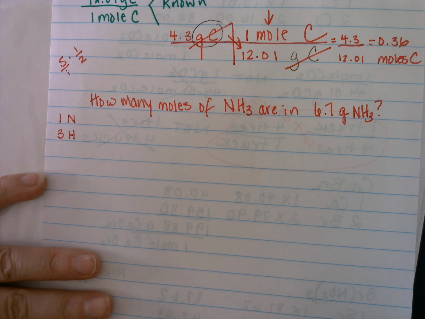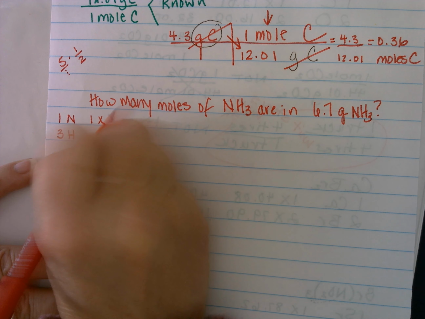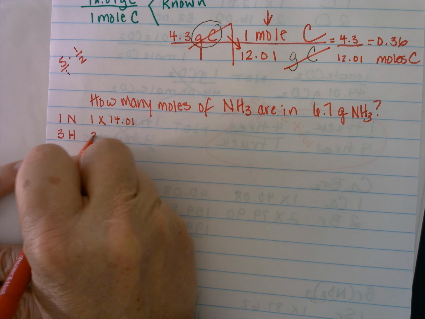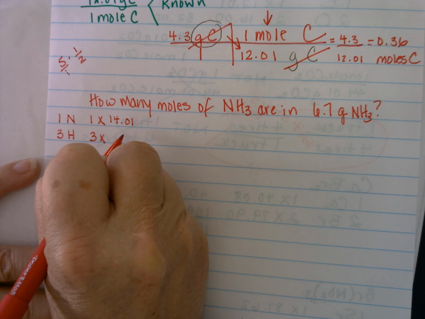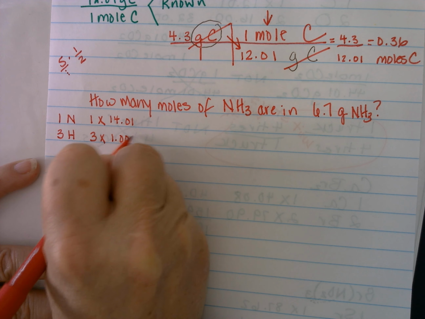So now I look on my periodic table. 1 nitrogen is 1 times 14.01. And then 3 times 1.008.